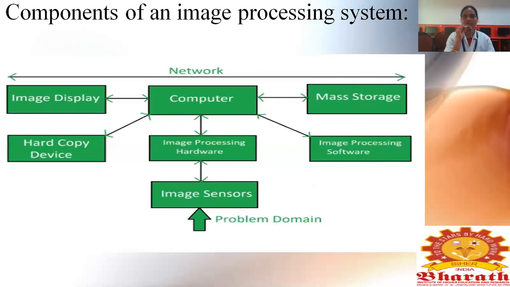So these are the main elements present in the components of an image processing system. The image sensor is the main thing we need for processing our images. But the image processing hardware is not always needed; it depends upon your application. You may or may not use it. And that's all about this. Thank you.